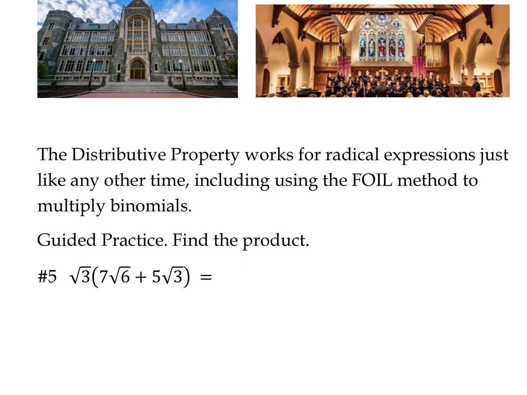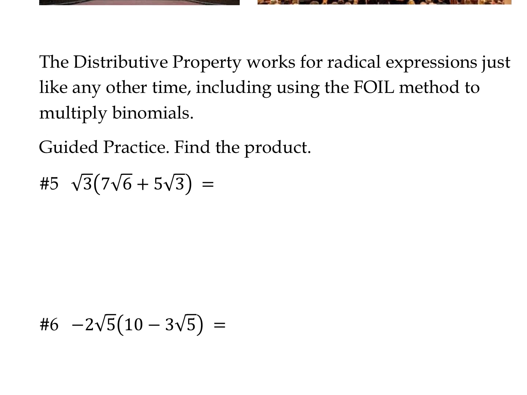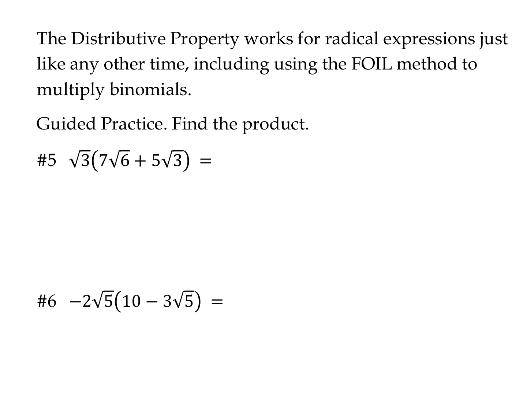All right. Let's look at how we can use the distributive property, which is a form of multiplying. The distributive property works for radical expressions like any other time. So we want to distribute into parentheses. I could take this square root of 3 and it will distribute and multiply everything else that's inside the parentheses. So I would have 7 root 18 plus, when I multiply root 3 times root 3, that's going to be 3, so that's plus 15.